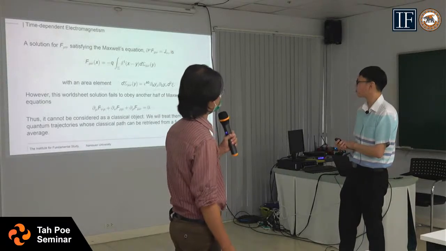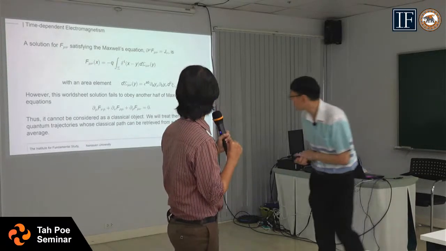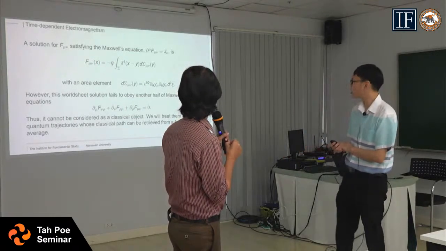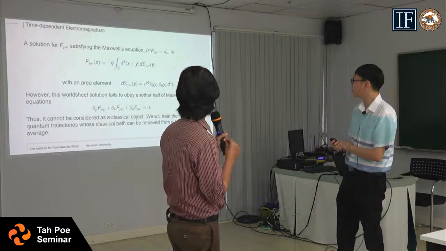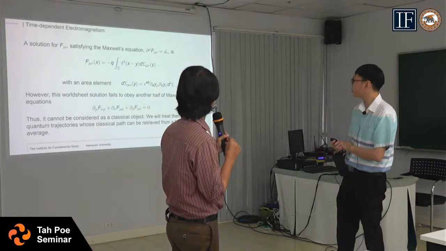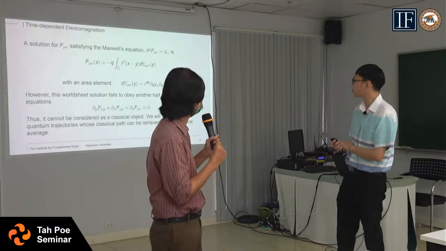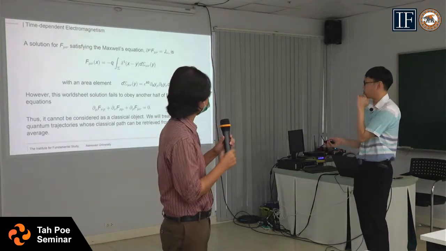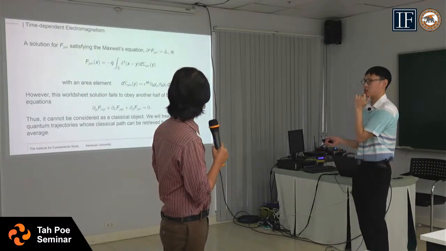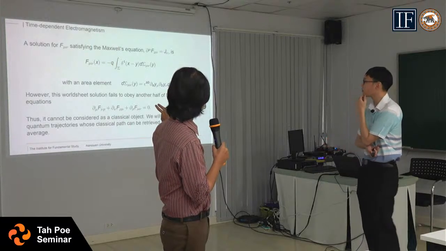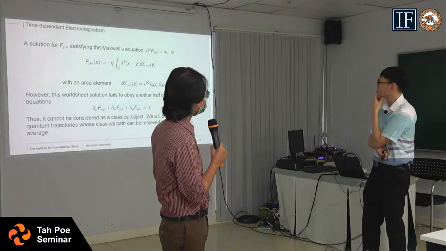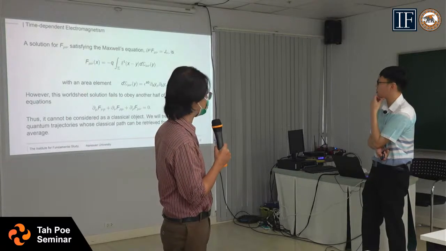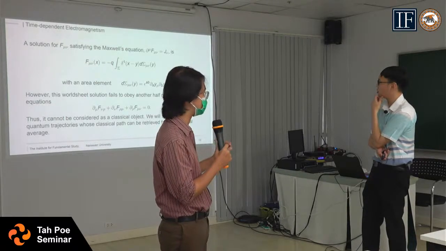So is there a magnetic charge, basically? Sorry? Is there a magnetic charge? Because this equation is not satisfied, I'm expecting something like a magnetic charge on the right hand side. Maybe I'm wrong. You mean magnetic? Yes, because F does not satisfy this equation, it should mean there is something on the right hand side.